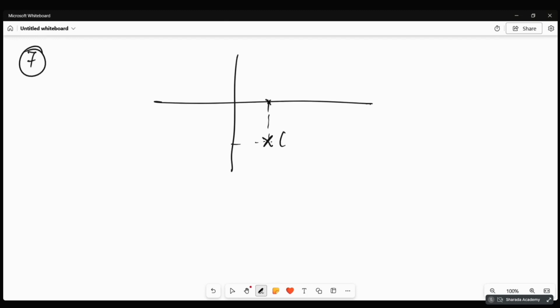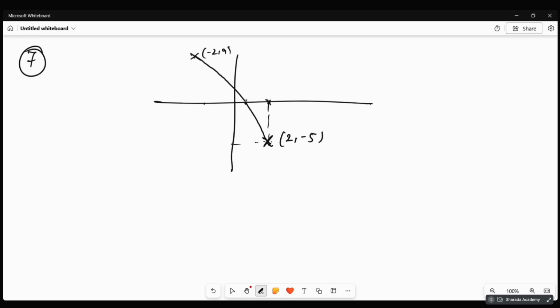One point is 2 comma minus 5. Another point is minus 2 comma 9, here it comes. Something like this, they will join.